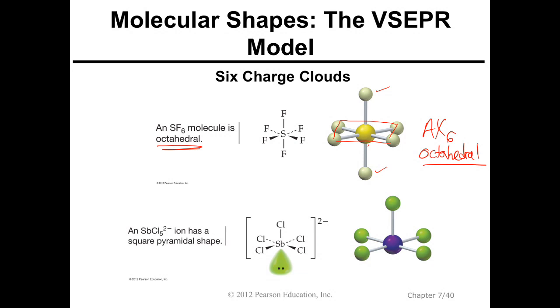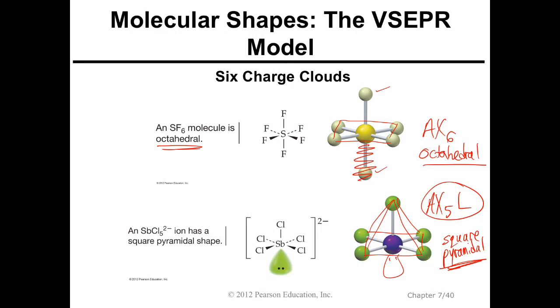If you replace one of these, let's say that one, with a lone pair, now you've got a square, but you still have one sticking out. So this is forming a pyramid, so it's square pyramidal. And that would be your AX5L, where you have 5 atoms bonded to a center and one lone pair.